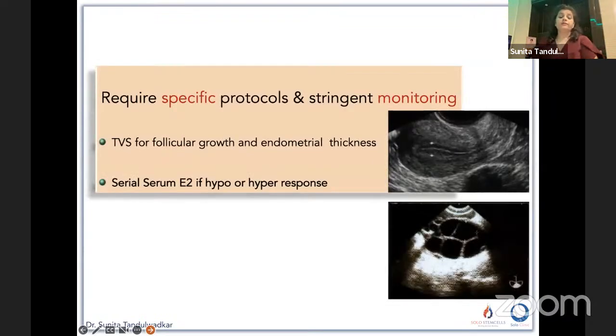Now, when we talk about gonadotrophin as second line of treatment, there are specific protocols. Again, it is mandatory to do the day 2 sonography and mandatory to do close monitoring. The monitoring is not only for the follicle size, but also for the endometrial thickness. Remember this, very important.